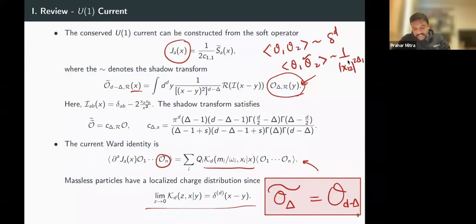Again, as I said, it's not enough to just study 2-point functions. If you really want to make such strong statements, you have to somehow prove that this is a structure for all correlation functions. So just looking at 2-point functions is not enough to conclude anything about the local structure of the theory.